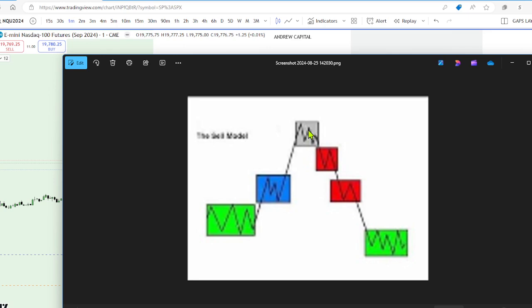Then we have our gray box, which is our smart money reversal, low risk sell. And then we have our first stage of distribution and our second stage of distribution with speed down towards the original consolidation to the left here as our target.